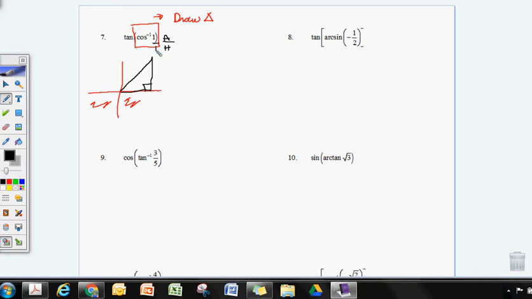Uh-oh! Red flag, red flag. This does not work. You cannot have a hypotenuse being the same as the adjacent. So switching colors, now I need to think quadrantals.